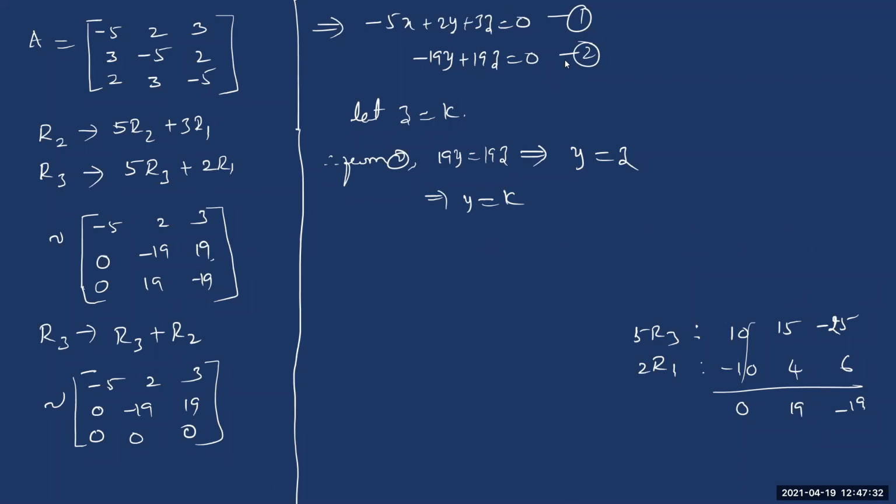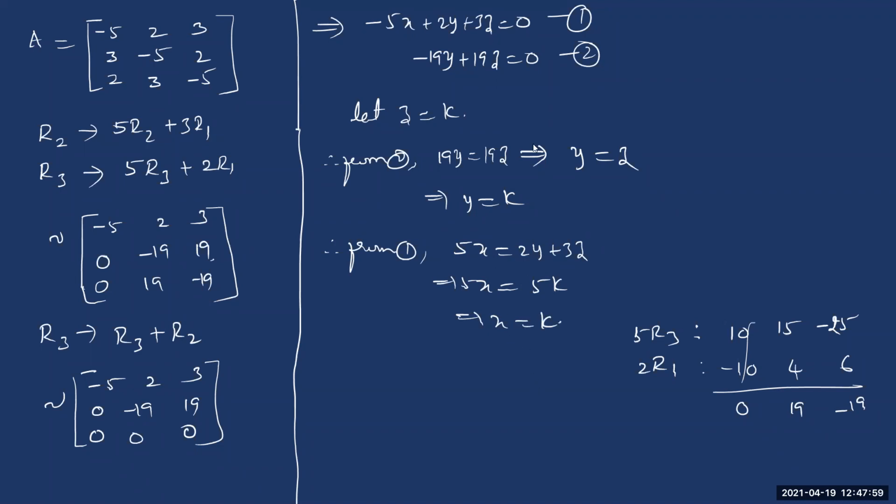Now see, if you substitute these two in the first equation, how can we write this? 5x equals 2y plus 3z, and this implies 5x equals 2k plus 3k, 5k. So this implies x is also equal to k.